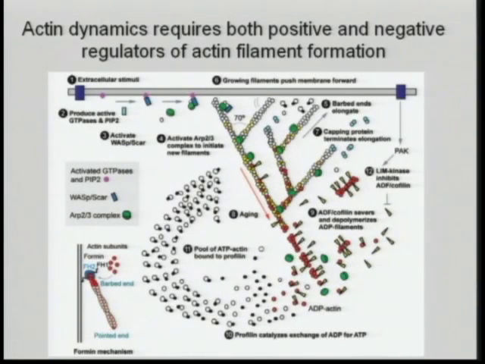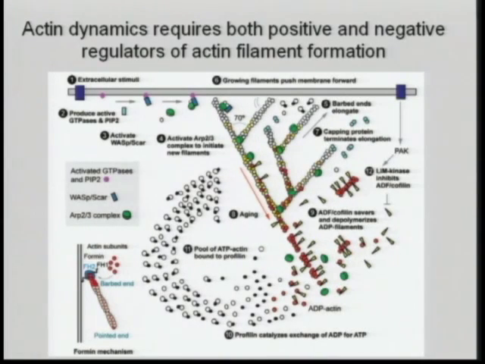So then what are the other candidates? To answer that question, we need to look at the regulation of actin dynamics more carefully. This is a summary of what people know about the control of actin filament dynamics. Actin filaments are controlled by both positive regulators and negative regulators.